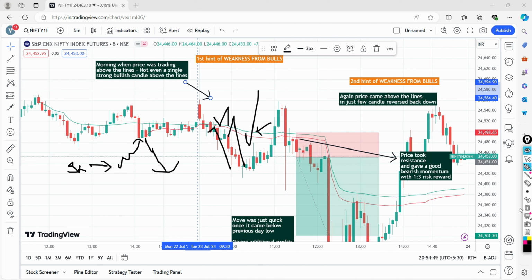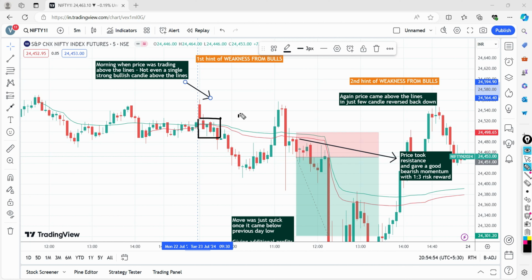So candles are overlapping the line, and I am not aggressively taking any opportunity here because it is overlapping. I cannot call this a rejection candle. This is not rejecting, this is crossing the line. Rejection means price has to reject. That is called rejection.